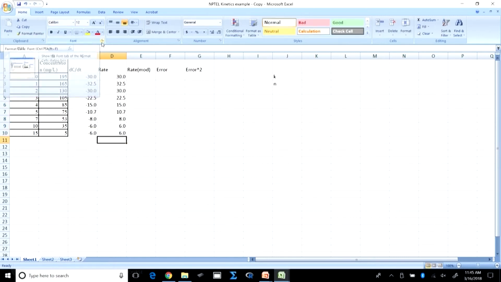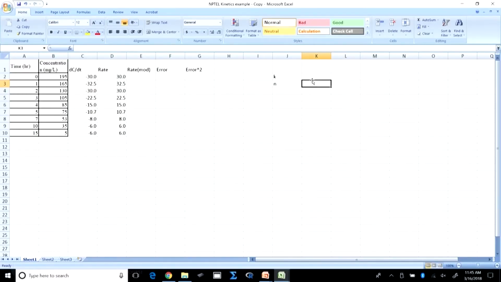And now what is it I need to do here? I have the rate, yes, I need to be able to calculate a model value of my rate. So again, what is the approach here? It is a trial and error, you can understand that. So I need to supply some initial values for the constants k and n, the rate constant and the order, and then be able to calculate my model rate.